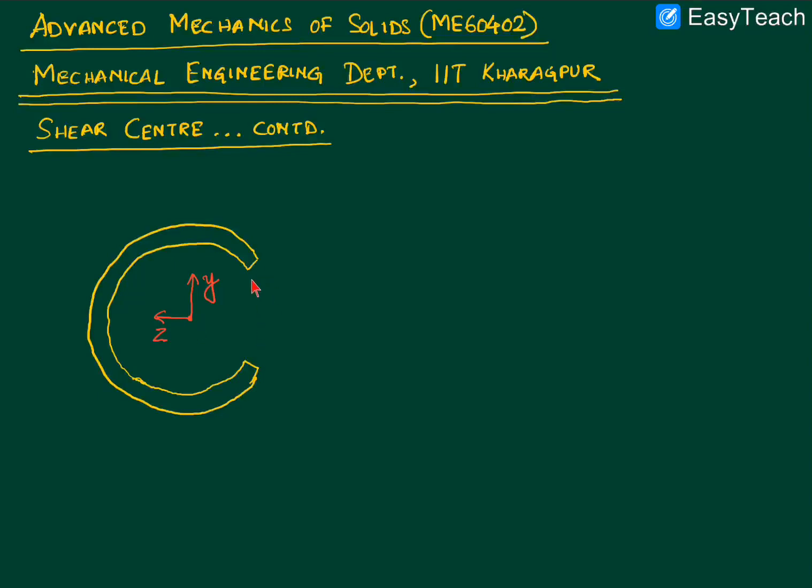But in this case this part is missing, which means that the centroid will actually be shifted a little bit to the left. Even without any computation, you can understand that, because the counterpart here which is missing will kind of pull the location of the centroid here. But because of the symmetry about this horizontal axis, it will still be along this z-axis. So actually the centroid would be a little bit to the left of this center.